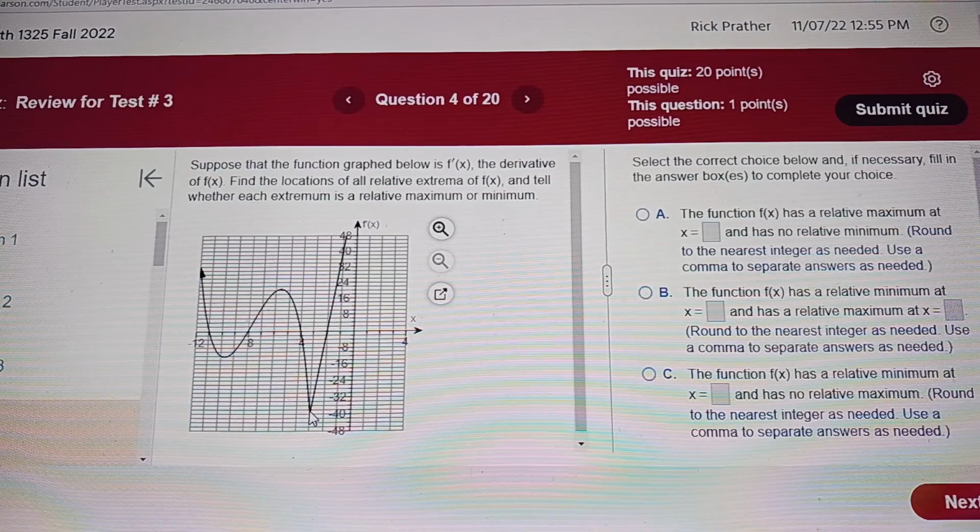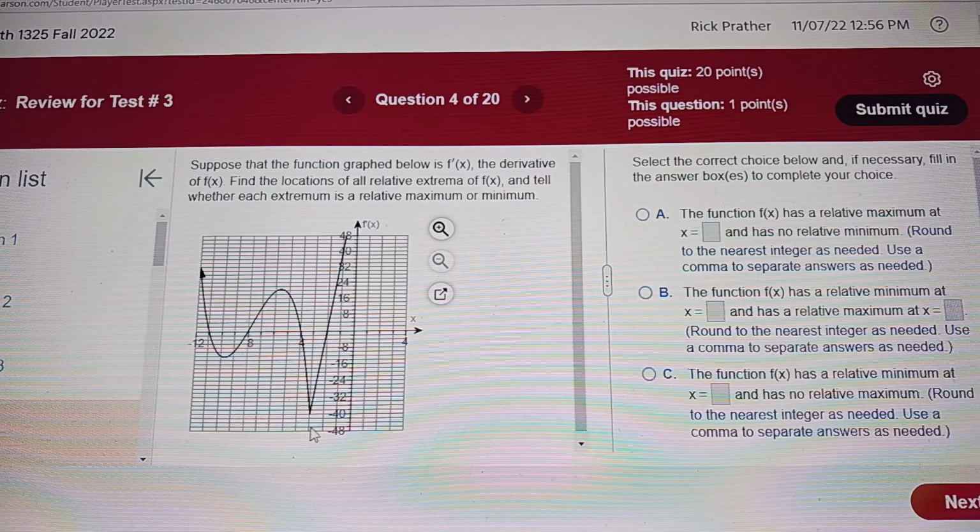So the original function is going to have relative extrema whenever the derivative is 0 or undefined. Those are the potential places. A derivative is 0 in a derivative graph anytime you cross or touch the x-axis. And a derivative could be undefined if there was an undefined place in this graph.